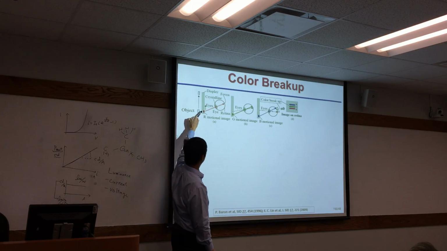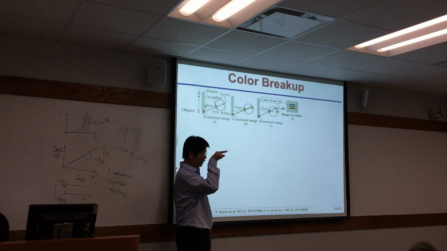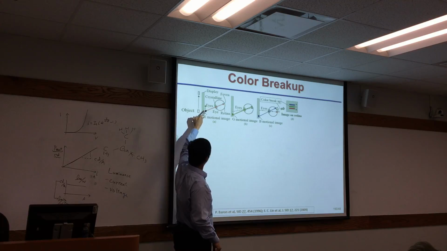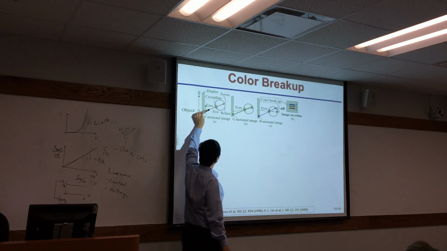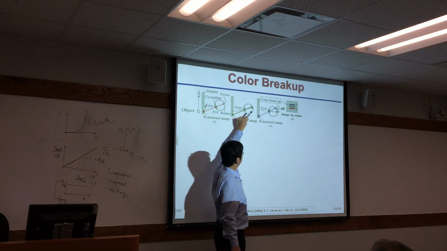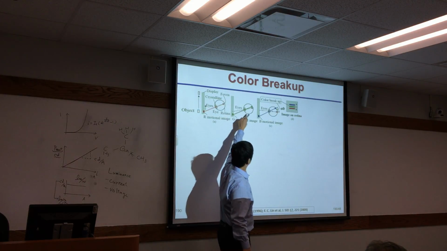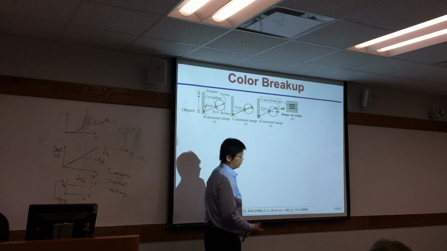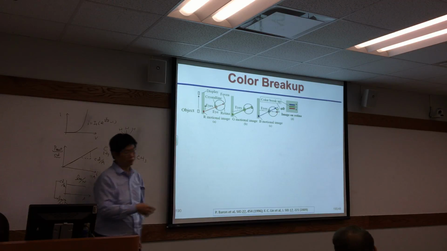So you have to light up the red, green, and blue. But because that is moving, your eye is tracking. So you focus on this point, then this point, and this point, which makes the red, green, and blue have a different position on your retina. So you will see, oh, this kind of break. So we call it a color breakout.